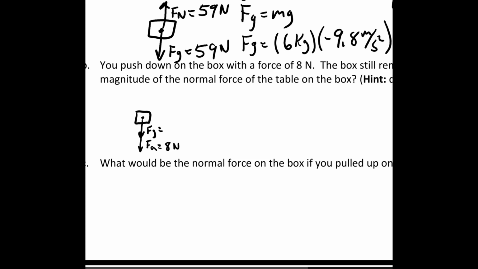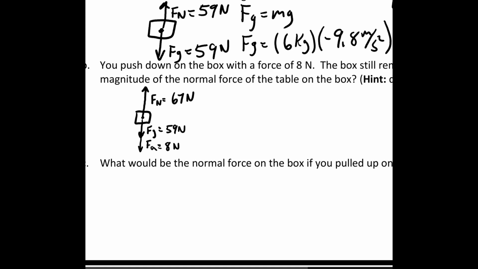The weight is the same, 59 newtons. Since you have the weight acting down and the applied force acting down, and it's still at rest, the normal force has to balance out both of these. So the normal force must be 59 newtons plus 8 newtons, or 67 newtons upward.